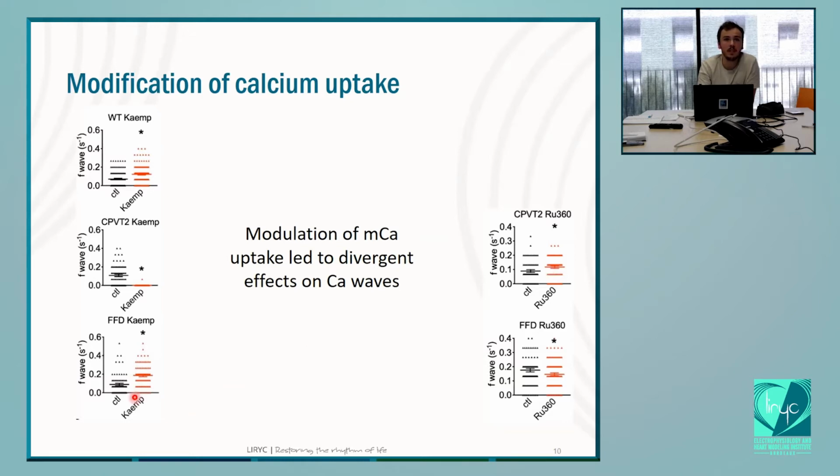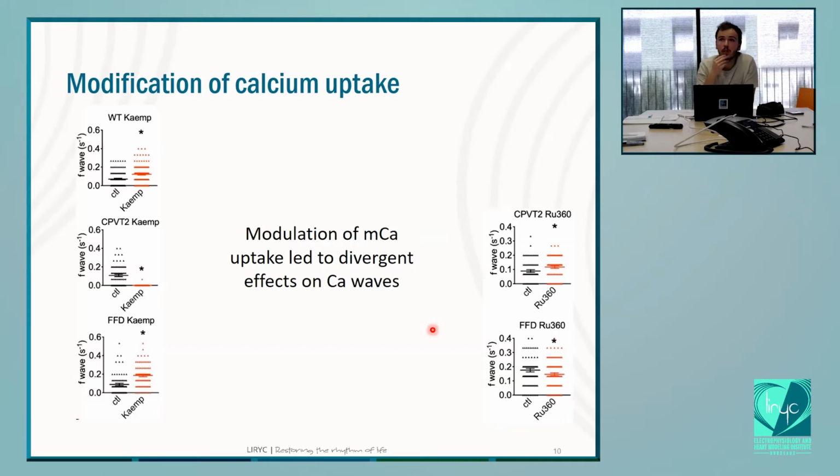And in the FFD, this is the opposite. By activating the MCU, the frequency increases, and with the inhibitor, it decreases. So modulation of the mitochondrial calcium uptake led to divergent effects on calcium waves.